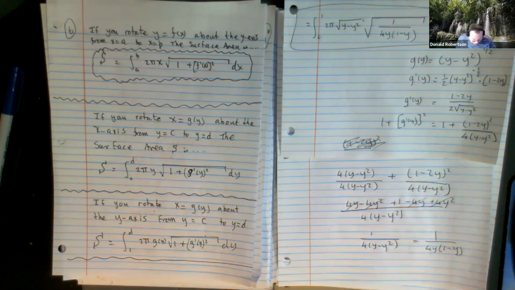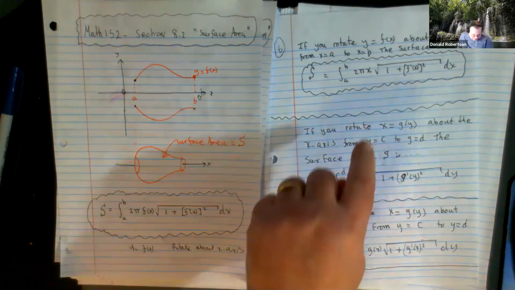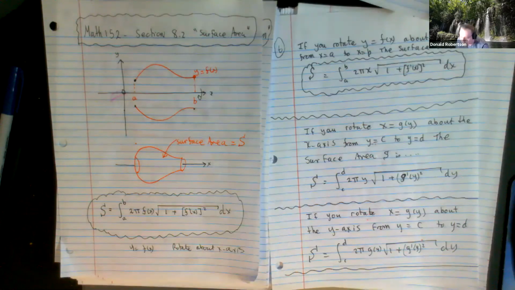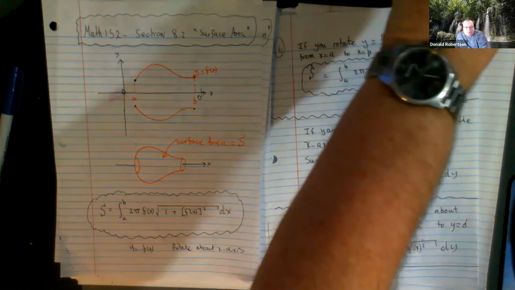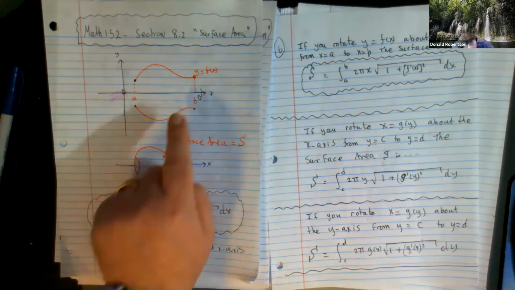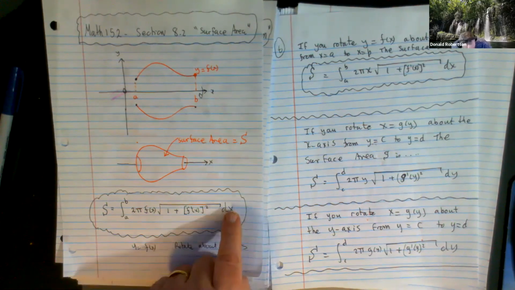So you want to find a surface area. There are 4 formulas. I would suggest that you make sure that you have each one of them on either a separate card or one card with all of them on, so that when you come to do the surface area question, you've got your 4 formulas and you know for what particular circumstance each of these formulas gets used. So, final summary. If your function is y equals f of x and you're rotating about the x-axis, use this one.